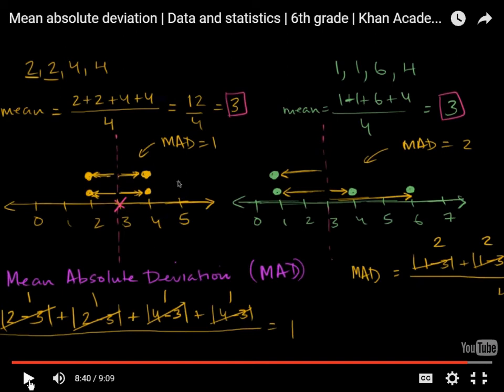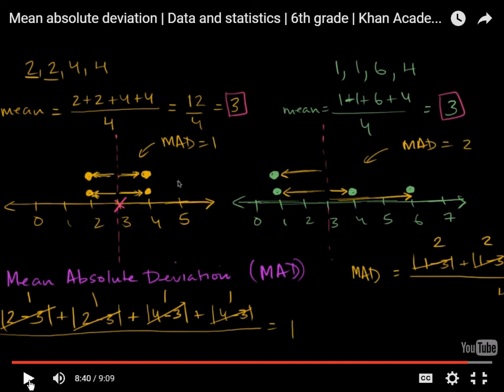So do we really have to draw the line? No, he did this as a visual point of view, so that you could see that in this data set, each one of them actually came out how far away from the mean? 1. And in this one, each one of them came out what? 2 away.